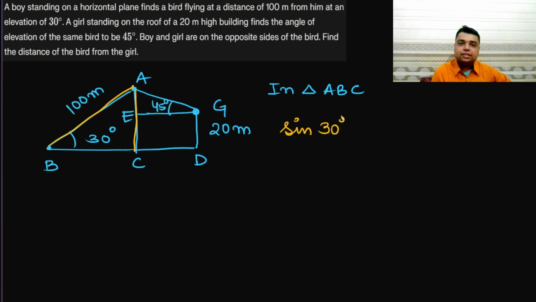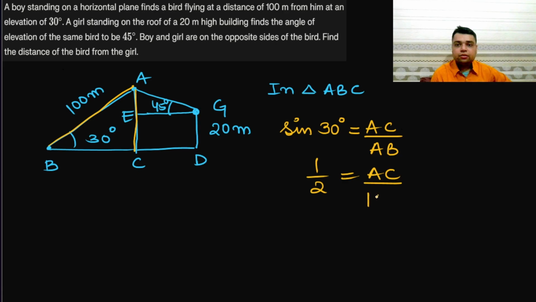So sine 30 degrees is equal to AC upon AB. So sine 30 is what? It is 1 by 2, equal to AC upon AB. AB we already know is 100. So if we cross multiply, AC will be equal to 100 upon 2, which is 50 meters. So this AC is 50.